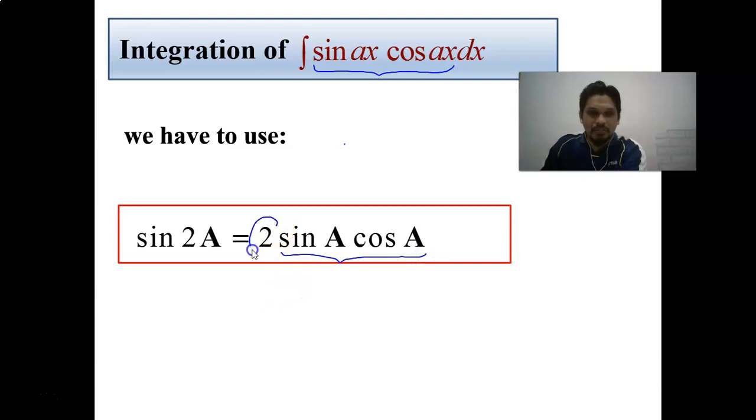So what about these two? Bring to the side and become multiplication of 1 over 2. Okay, so integral of sine ax cos ax equal to 1 over 2 sine 2a.